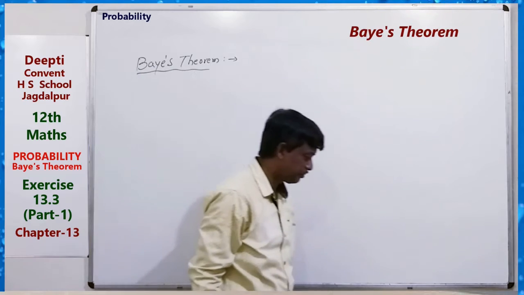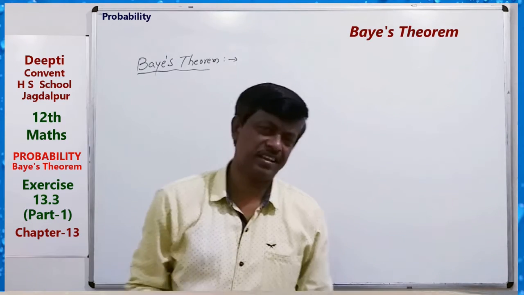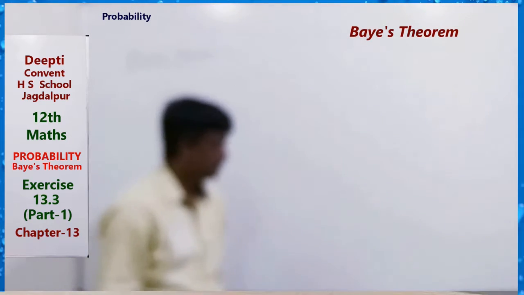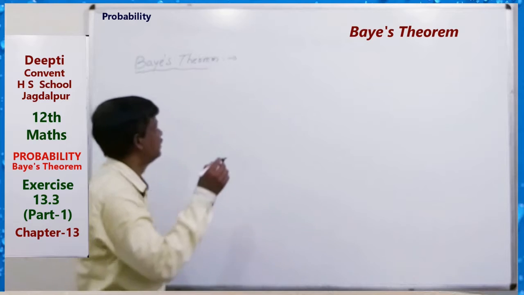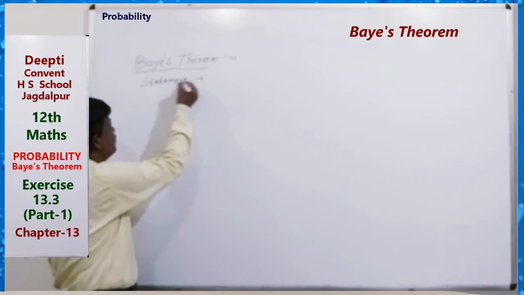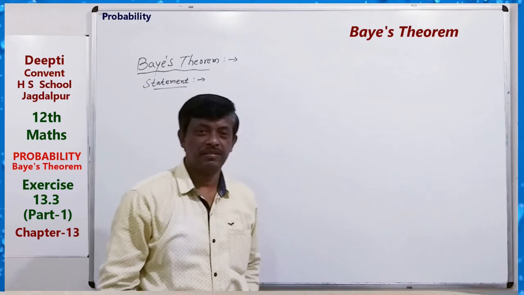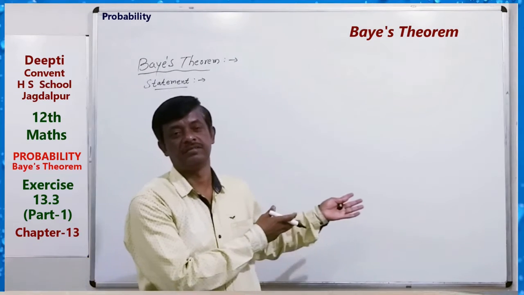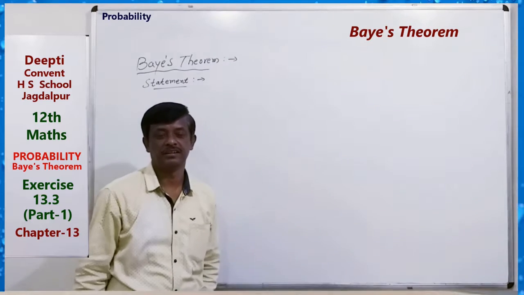Here also we take a partition. You can write this statement, because the statement is very important for understanding, since by using this theorem we will solve all the questions of the next exercise.